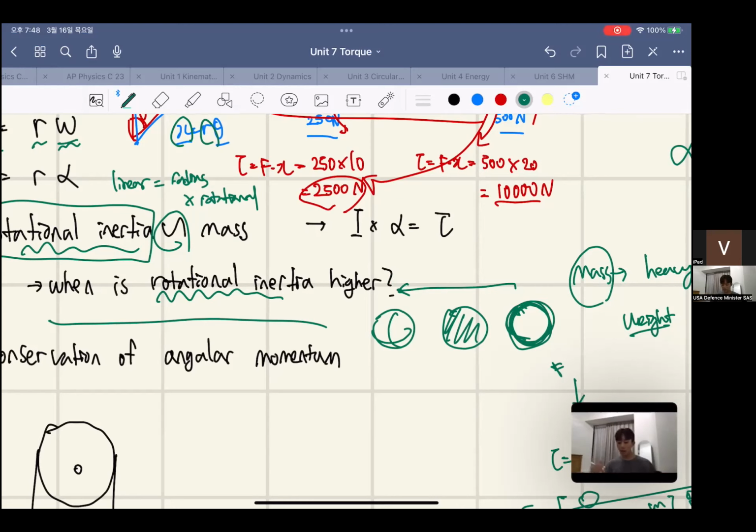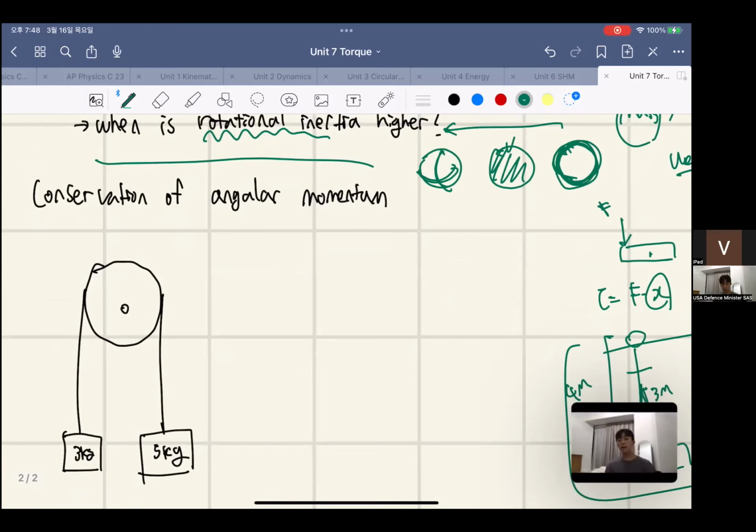In contrast, a sphere is the most compact, the most dense possible shape, because every point mass, every particle, every molecule that forms the sphere is located at the least possible distance from the center of the sphere. It's the most compact form. That is why the rotational inertia of the sphere would be the least, and the disk would be in the middle of the two. Now, I'm done explaining.